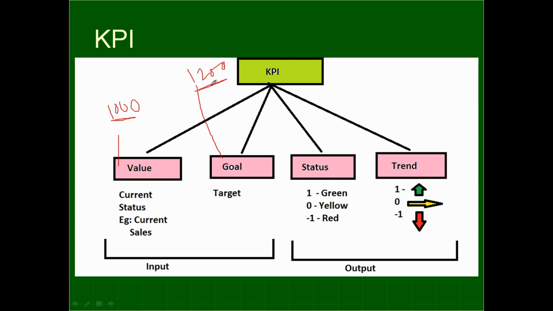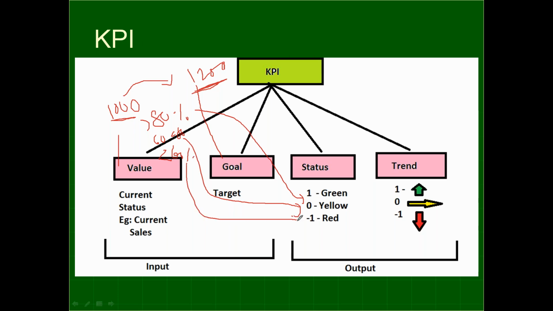So did I achieve it or not? If you achieve at least 80% of this goal, you are in the green color, right? If you achieve 60 to 80%, you are yellow. And if you achieve less than 60%, you are in the red zone.